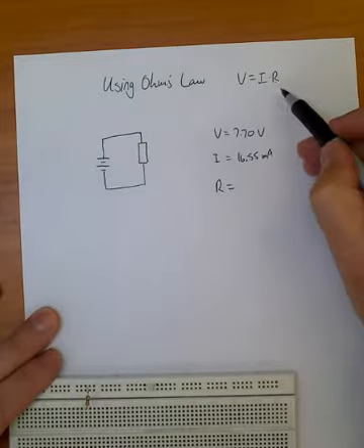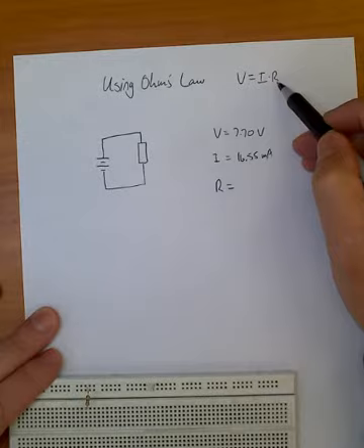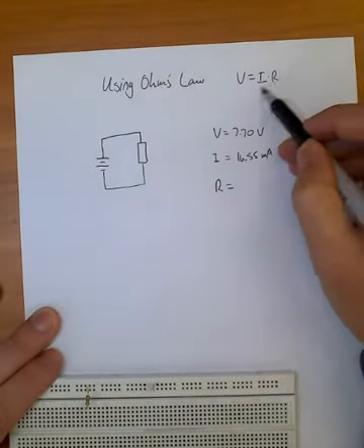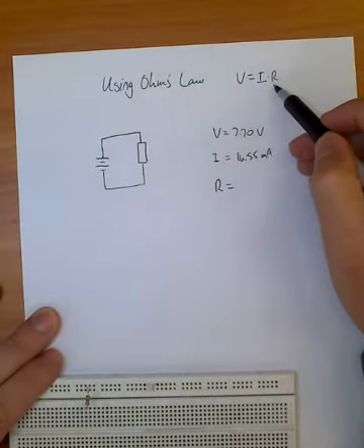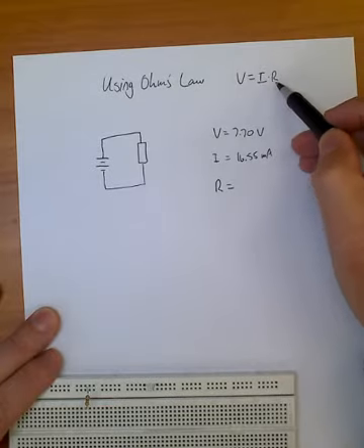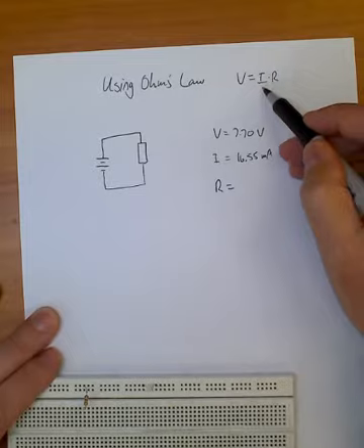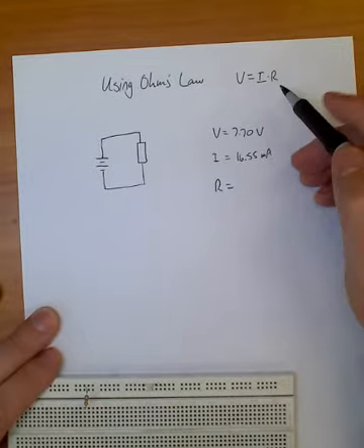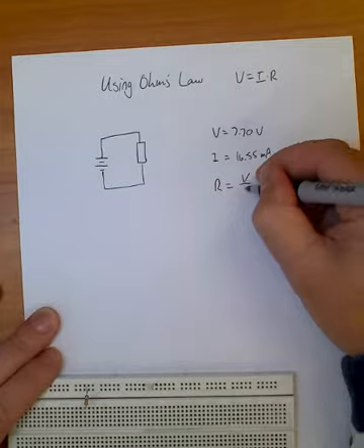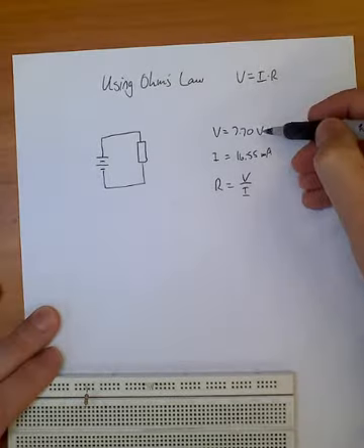If I've got I times R, or R times I, which both works, then I've got I lots of R, but if I only want one lot of R I need to divide by I. So I need to divide both sides by I to keep the equality, so it's going to be V divided by I.